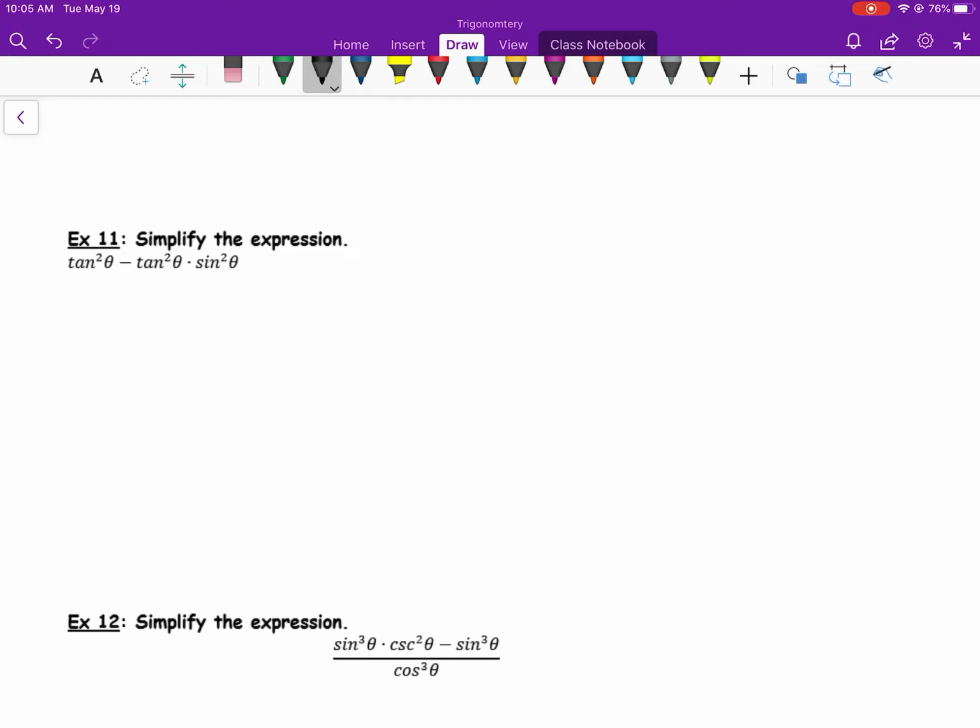Example 11. All right, so I look at this. I have a tangent here and a tangent in that grouping. So let's factor out tangent. Factor where you can. So I have tangent squared of theta times, tangent squared of theta divided by tangent squared of theta is 1 minus sine squared of theta. Once again, I pull that out.